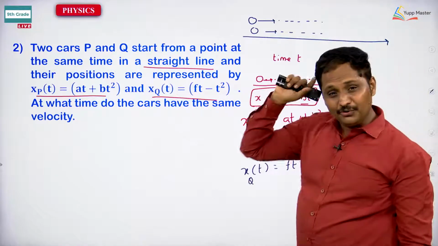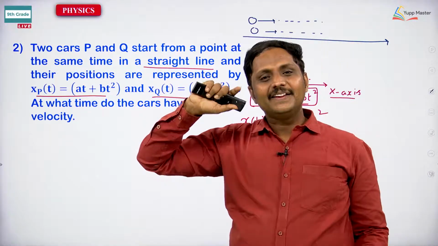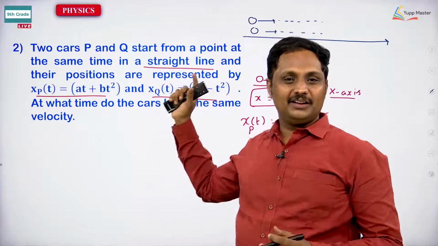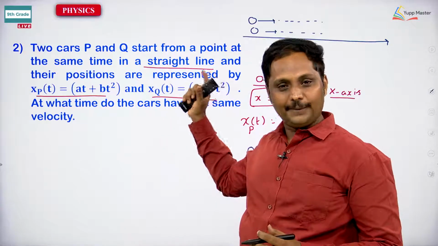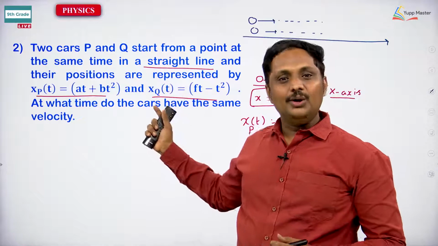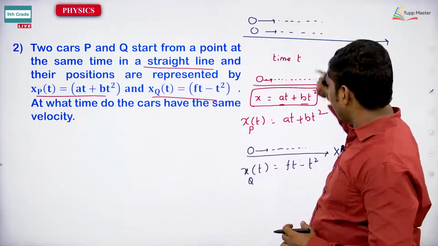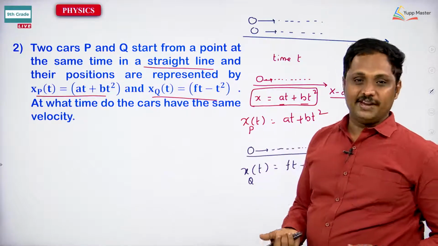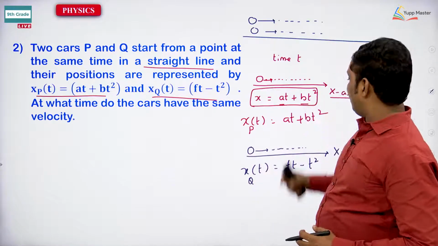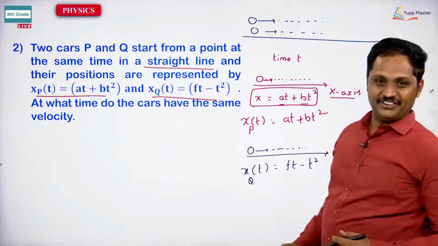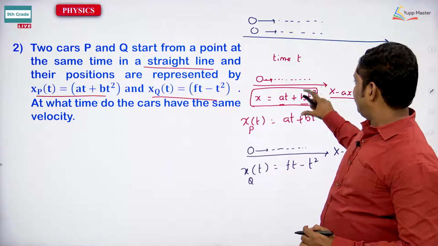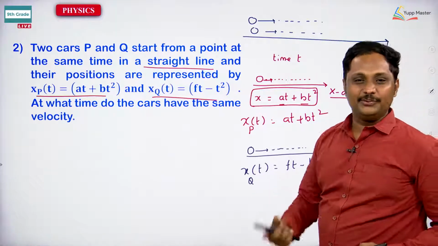But they have given the information, the distance travelled by car P and car Q was a function of time, where A and B are constants, F is also constant. We can take this, it is very clear, we are going to express that.